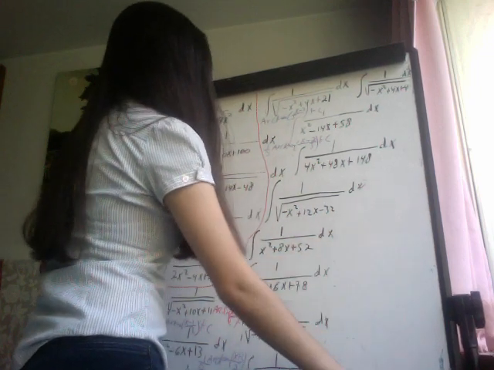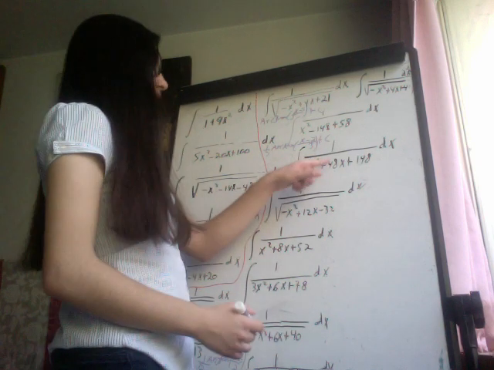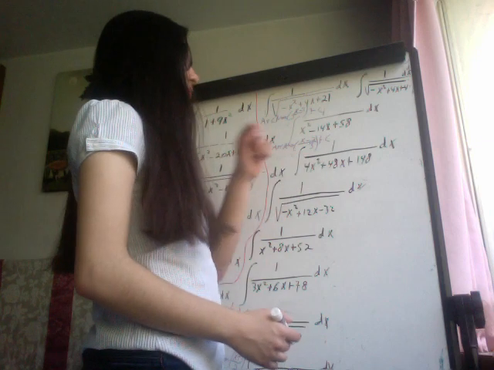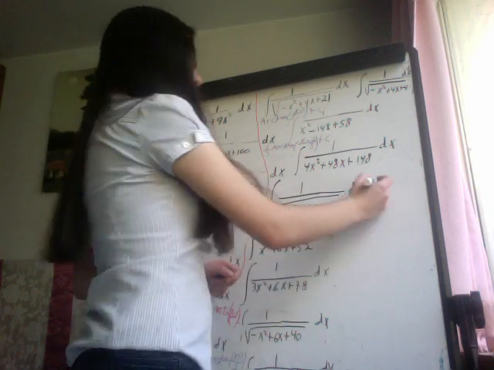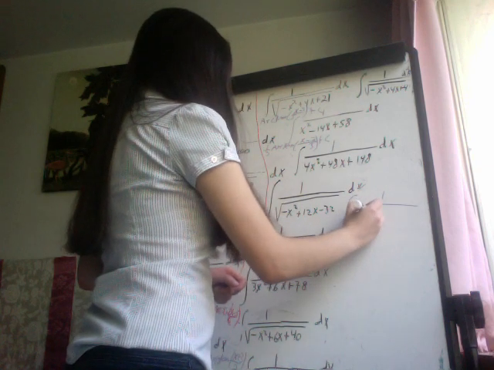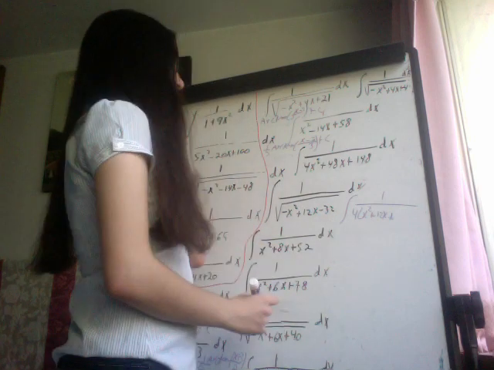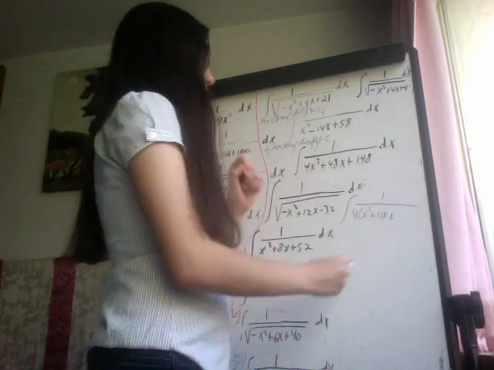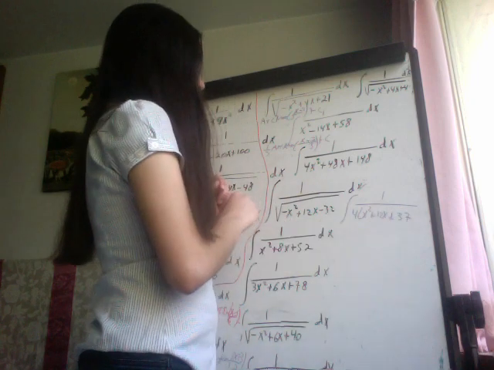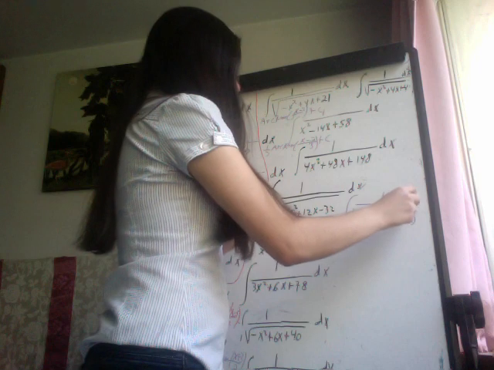So this is becoming easier. Now, integral of 1 over 4x squared plus 48x plus 148. So 1 over 4 times (x squared plus 12x plus 37) dx.